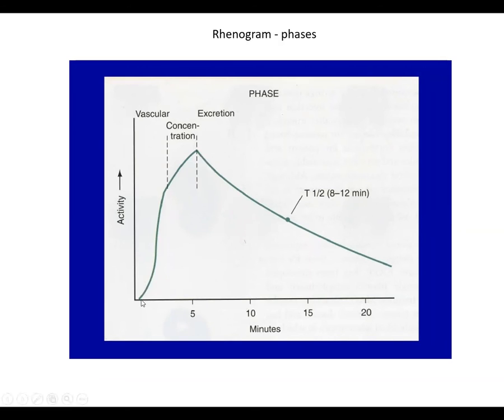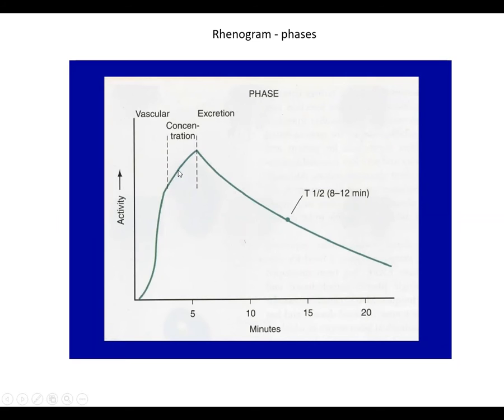The initial stage lasts approximately 2-3 minutes. This is the vascular curve. The radiopharmaceutical comes via the renal arteries from the aorta, from the bloodstream, to the kidney and starts to be filtered from the blood by the renal parenchyma.